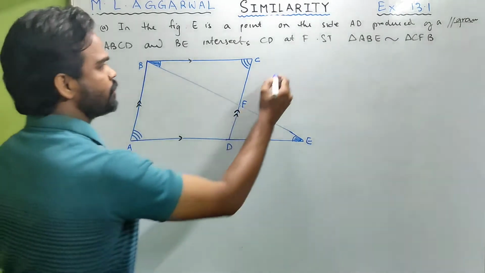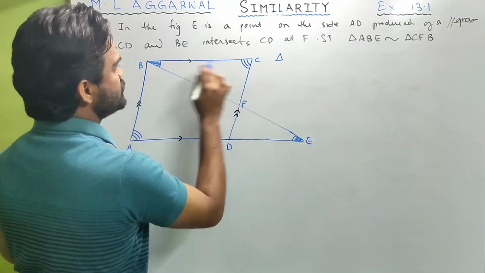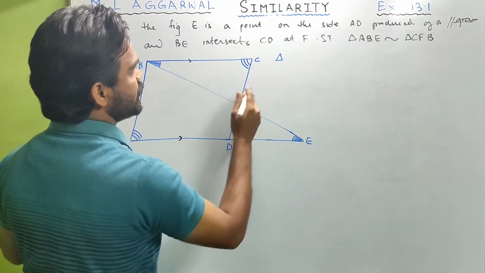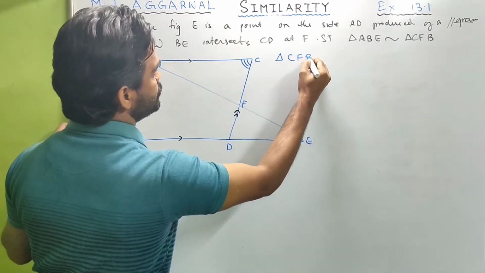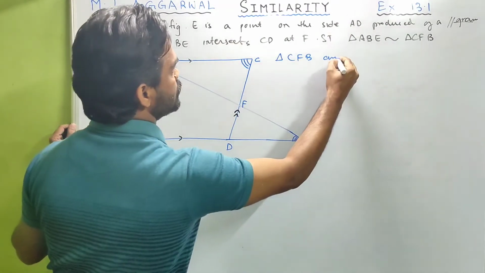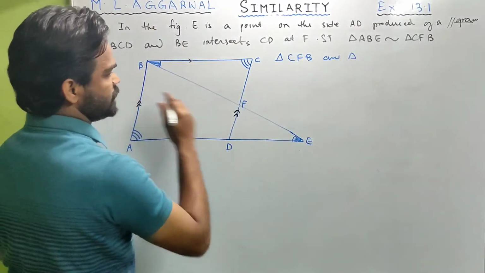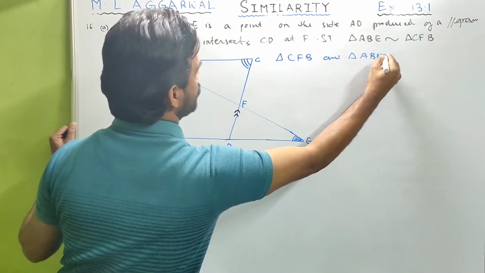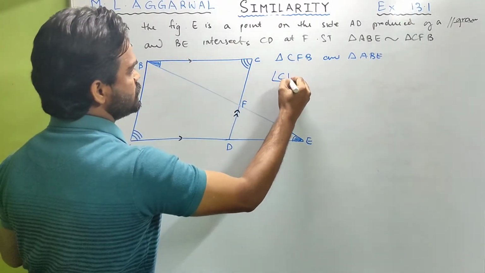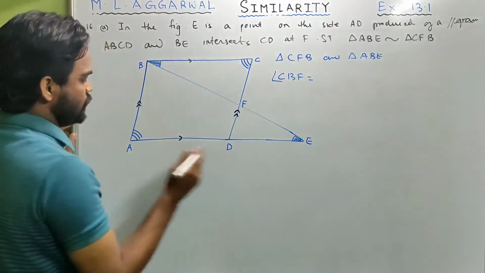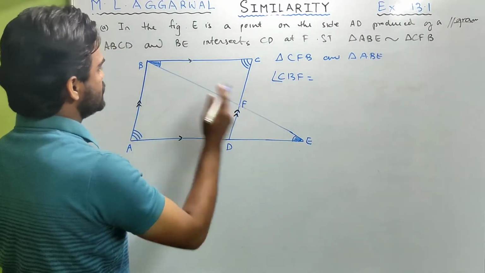Very easy. Just look. In triangle BCF, or CFB, as they have told, CFB and triangle ABE. Just look over here. First of all, angle CBF is equal to AEB.